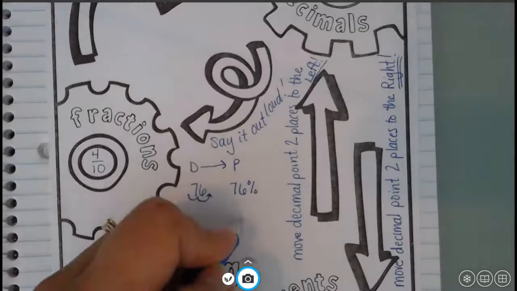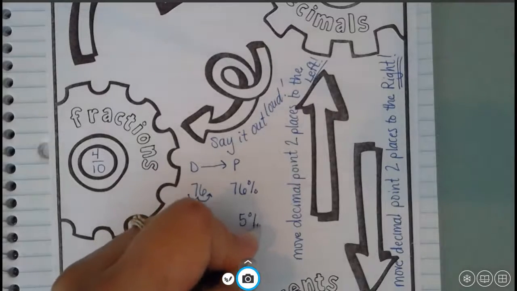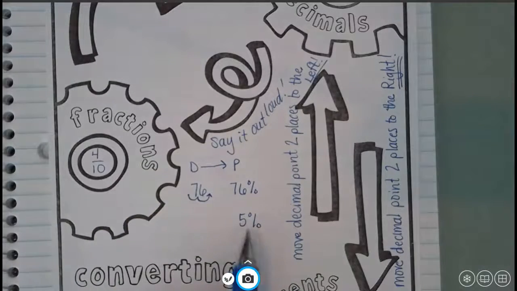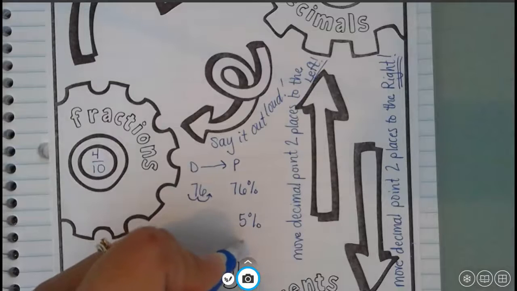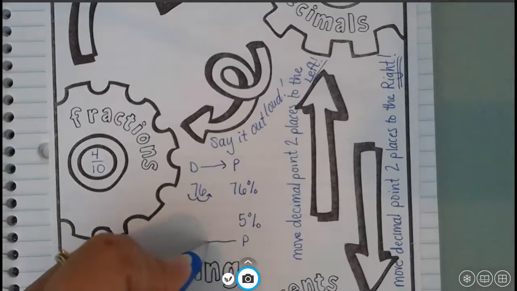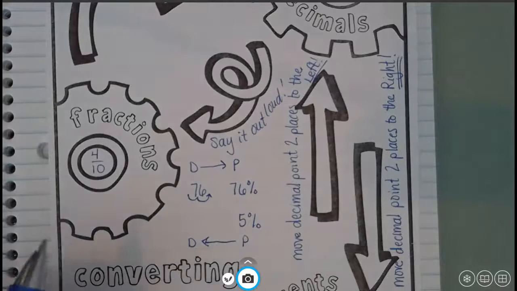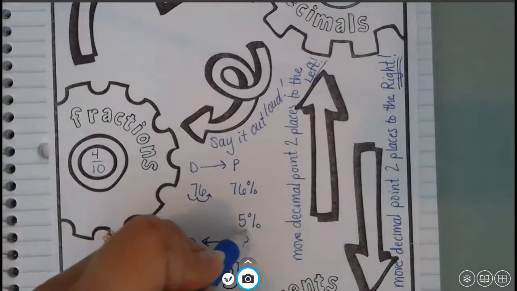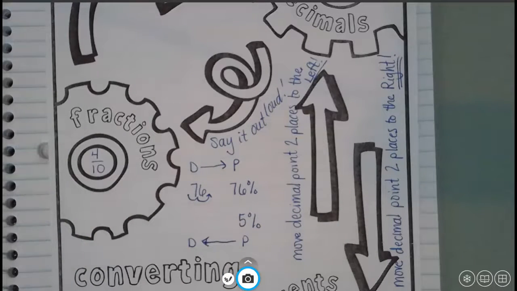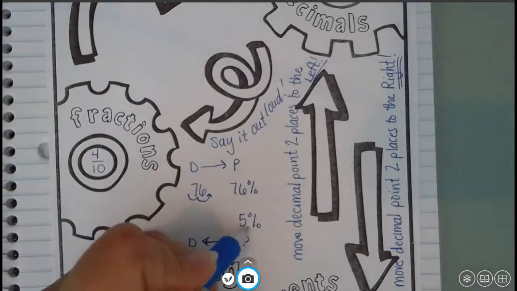Let's say if I told you I had 5%, and I want to go from a percent to a decimal, I'm going to move my decimal place 2 places to the left. So my decimal, it's hidden. It's just a known that it's behind that 5. Even though we don't technically write it, we just know that it's there. So here's my decimal.